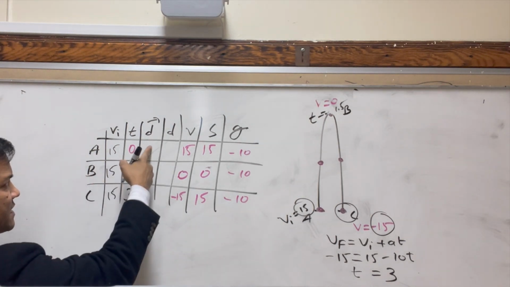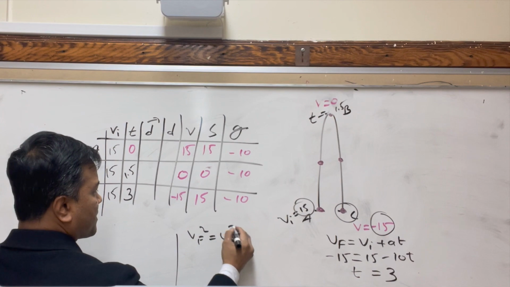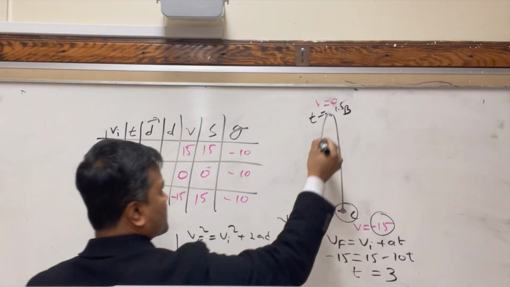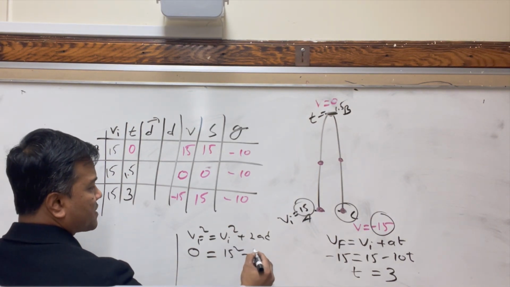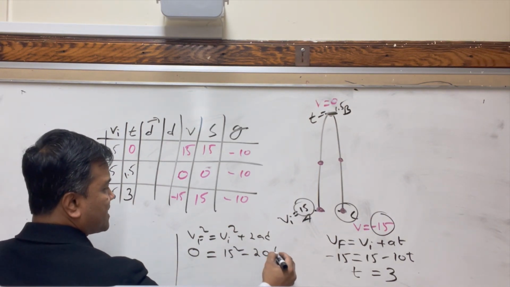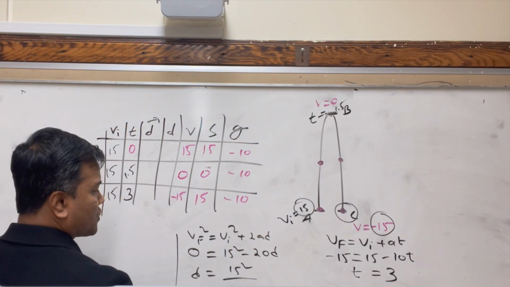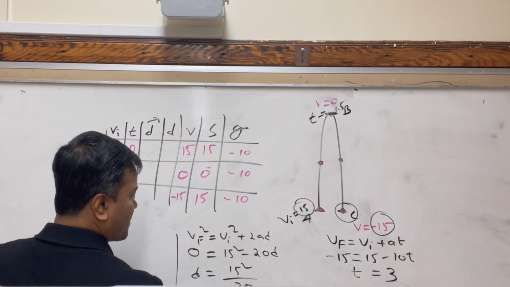Now let's find the displacement two ways. Vf square is equal to Vi square plus 2AD. Vf square is 0, of course, since velocity over here is 0. So this is 15 square minus 20d, so d is 15 square over 20, so d is equal to 11.25.